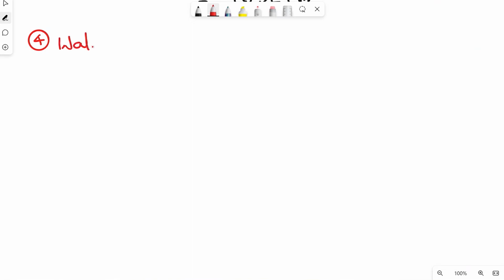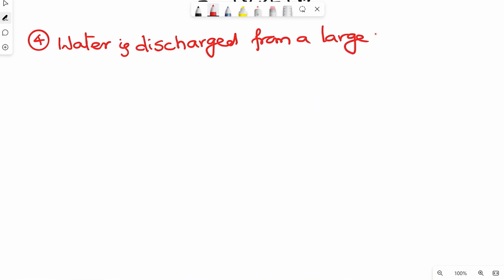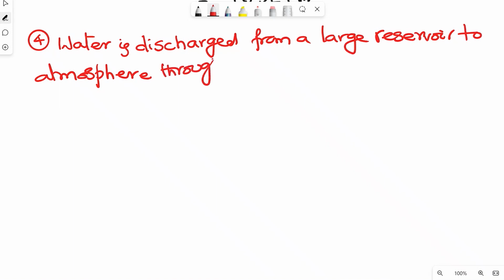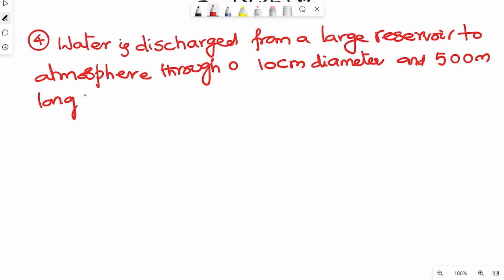Water is discharged from a large reservoir to atmosphere through a 10 centimeter diameter and 500 meters long pipe.